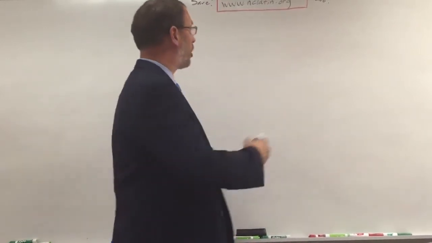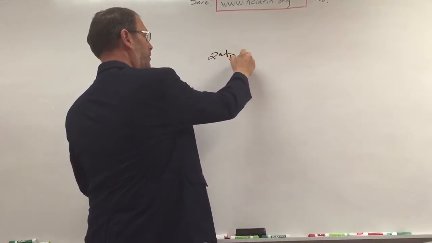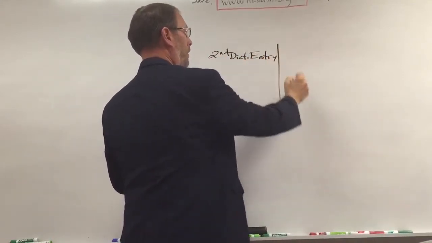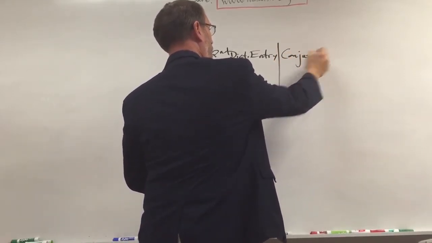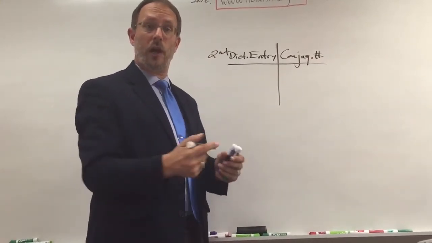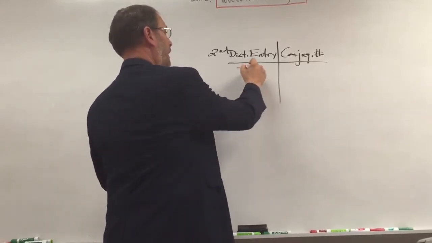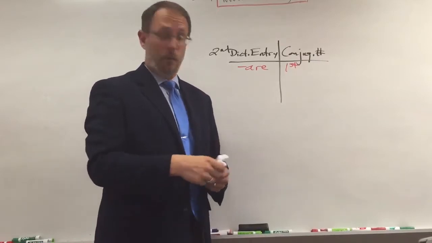I'm going to put back up a chart that we've had before. We're going to look at the second dictionary entry and the conjugation number. As we've said before, the second dictionary entry is what tells you which conjugation a verb is. So you recall that if the second dictionary entry ends in ARE, you've got a first conjugation verb.